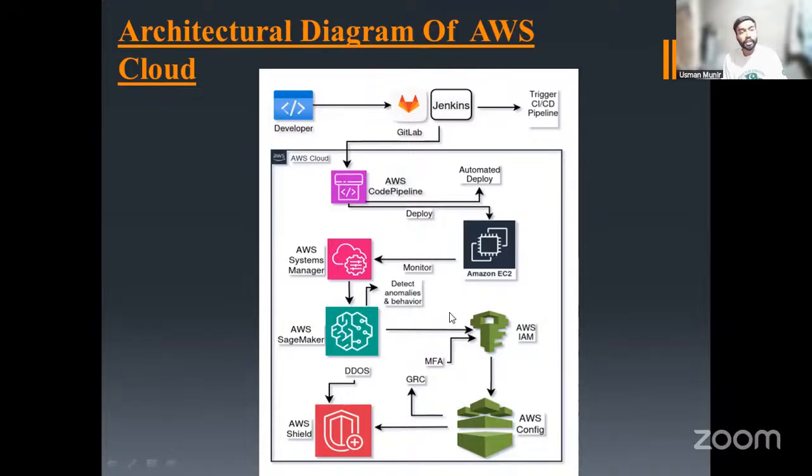AWS IAM, identity and access management, uses multi-factor authentication, least privilege, or role-based access control to maintain integrity. AWS Config is used for governance, risk, and compliance, and AWS Shield is used for DDoS protection.